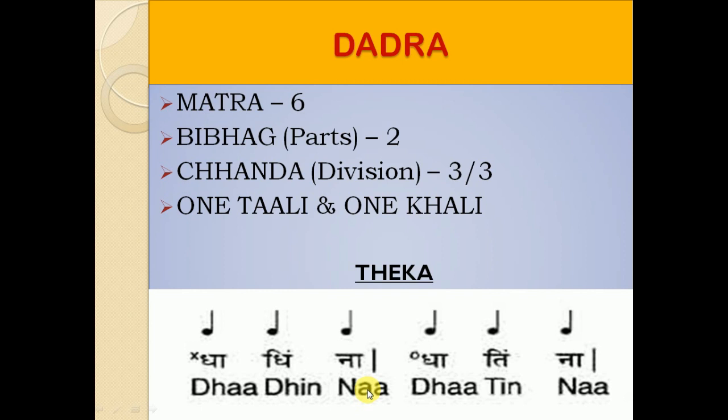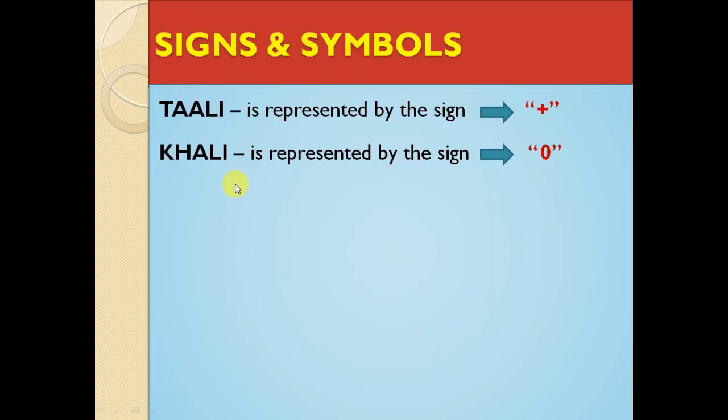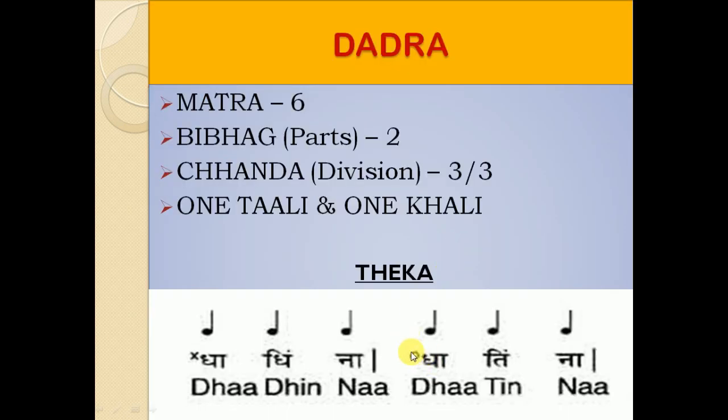Now Khali is represented by a symbol like 0. Here also you can see there is a symbol like 0 here, a small 0. Alright. Now again, above which matra? The bol is dha, and above dha there is the symbol 0.